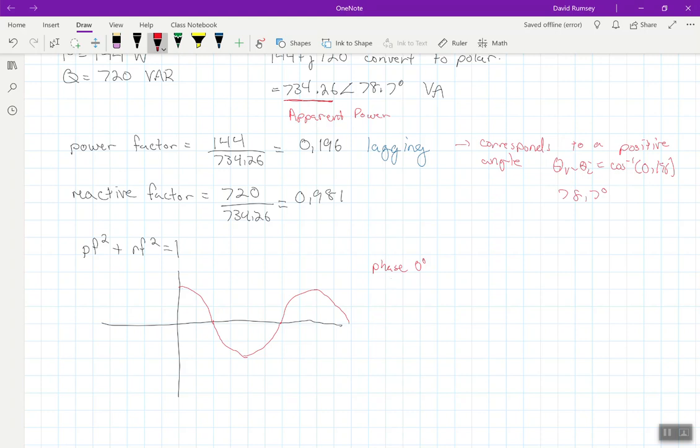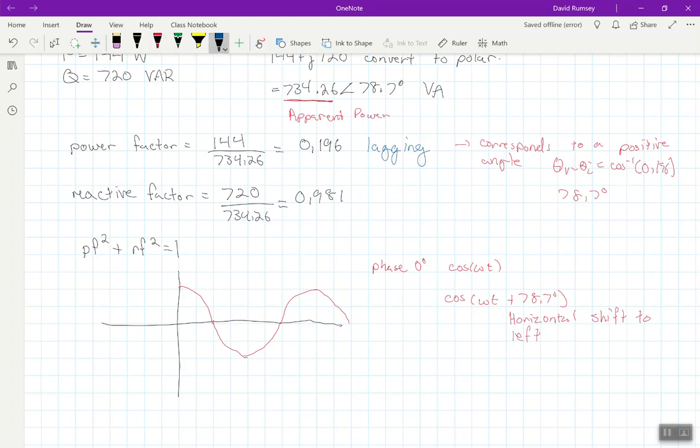So this is phase of 0 degrees. And so in other words, we have just cosine of omega t. But then our answer is basically kind of a cosine of, I know it's 2 omega t, but I'm just going to talk about the leading and lagging here, 78.7 degrees. But what does that mean here? This is a horizontal shift to the left.